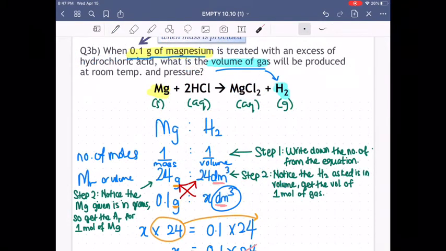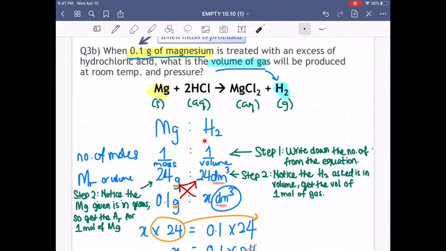So let's recall our steps here. First step, write down the number of moles from the equation. Take the two important things, then write into ratio, then write the number of moles accordingly. Second step, you notice that the H2 is in volume, so you need to get the volume of 1 mole of the gas.